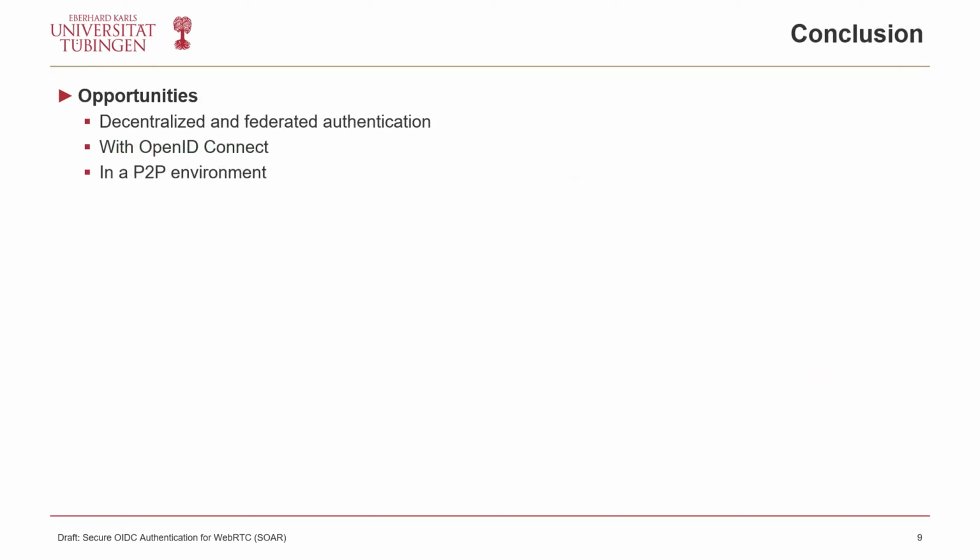The main opportunities are that we can now perform a decentralized and federated authentication with OpenID Connect, and that not only in a client-to-server environment, but in this case, in a peer-to-peer environment, which is new to OpenID Connect. I guess there is no other draft which also does peer-to-peer authentication of users with OpenID Connect.